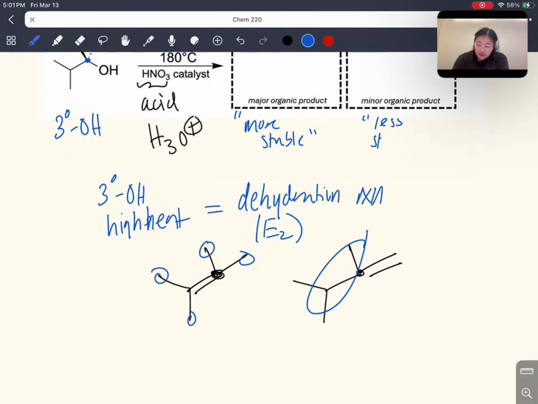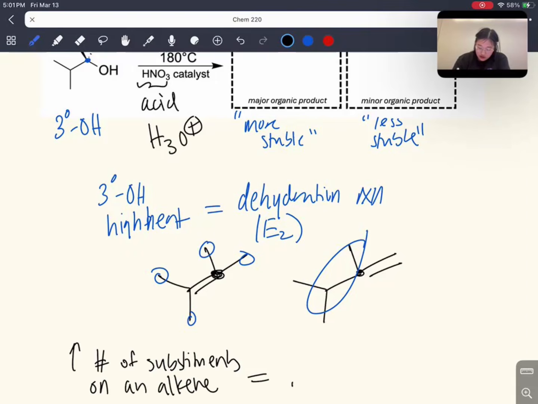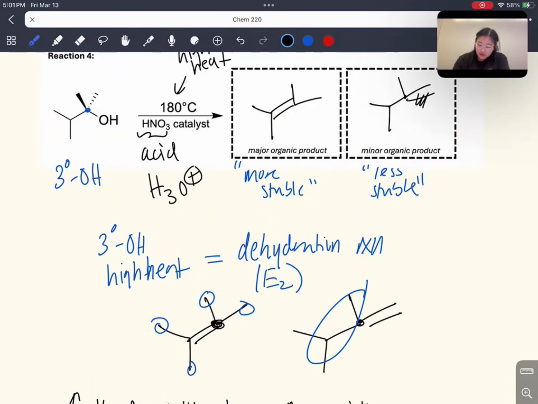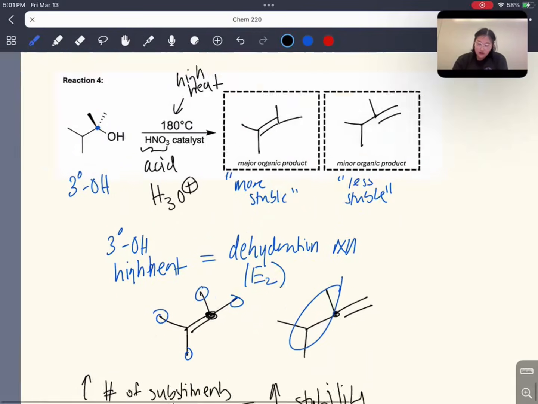The thing to remember is that increasing the number of substituents on an alkene increases their stability. So the major organic product is going to be the alkene that has more substituents, which would be the one that has four. And our minor product would be the one that only has one substituent. And that is how you do that question.